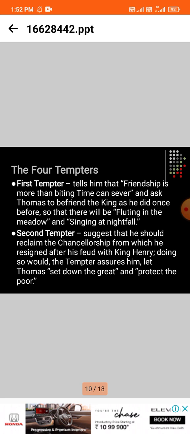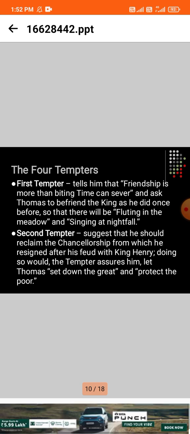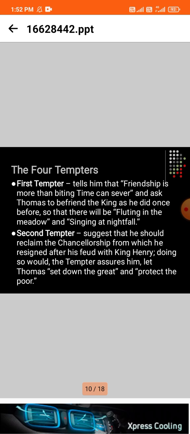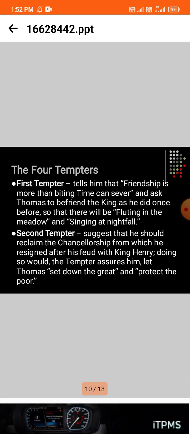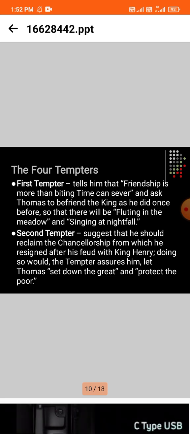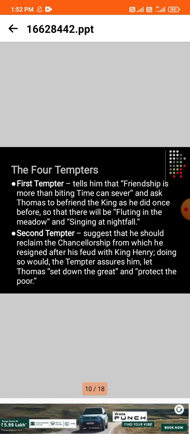The second tempter suggests that he should reclaim the chancellorship from which he resigned after his feud with King Henry II. Doing so would, the tempter assures him, let Thomas set down the great and protect the poor.